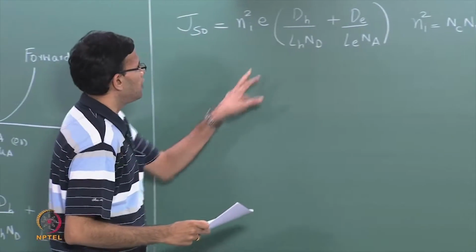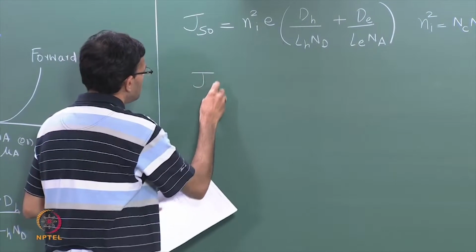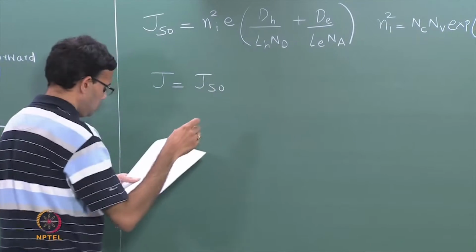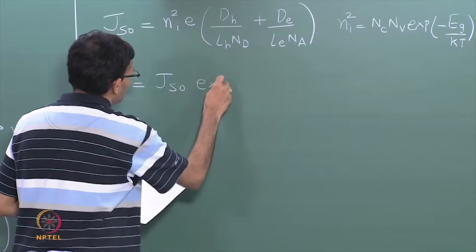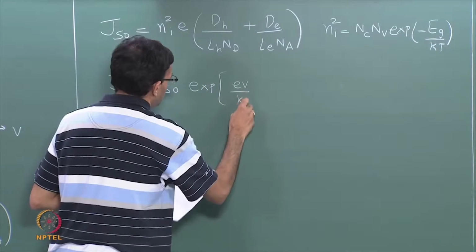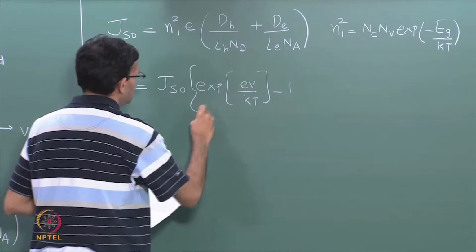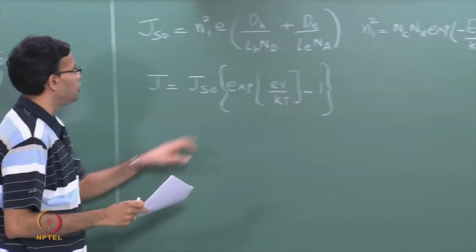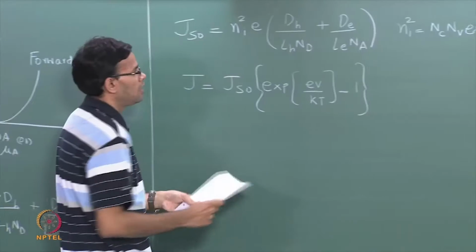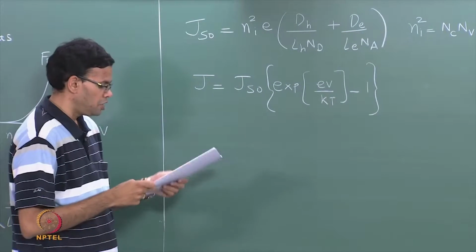We can substitute for Ni square in this expression, so that J, which is nothing but J_S naught exponential eV over kT minus 1. So I am going to substitute the J_S naught here, and instead of Ni square I am going to replace it with Nc Nv exponential minus Eg over kT.